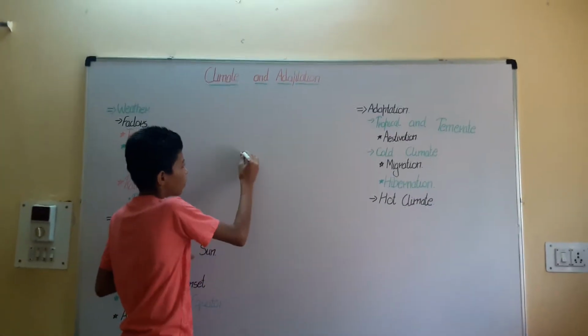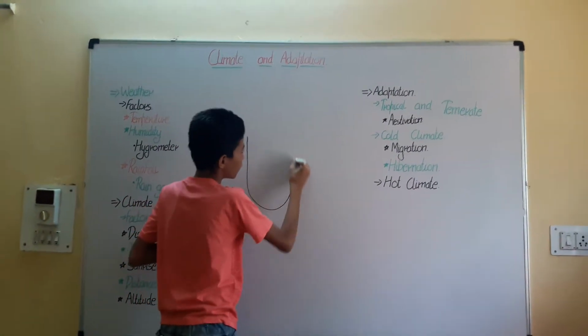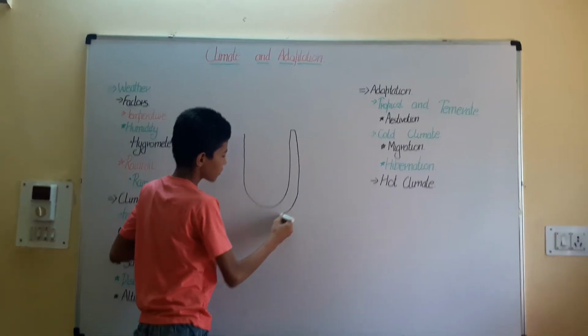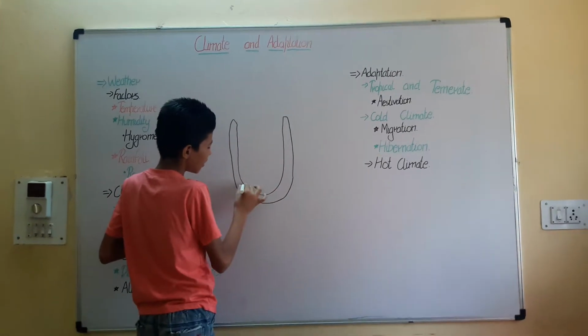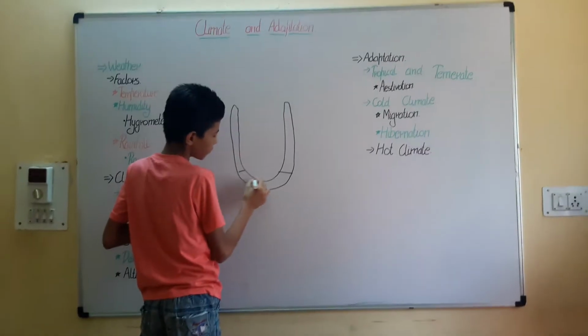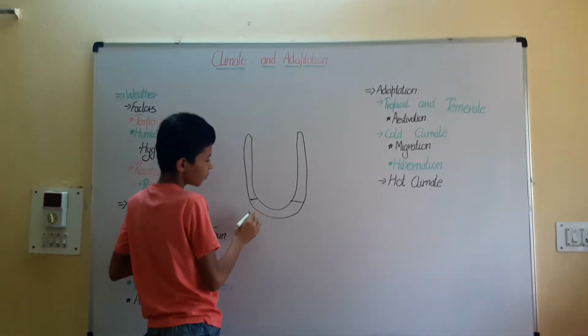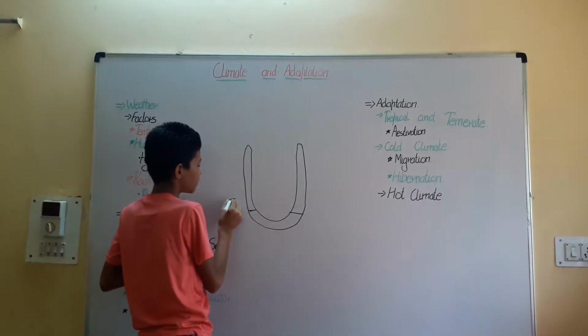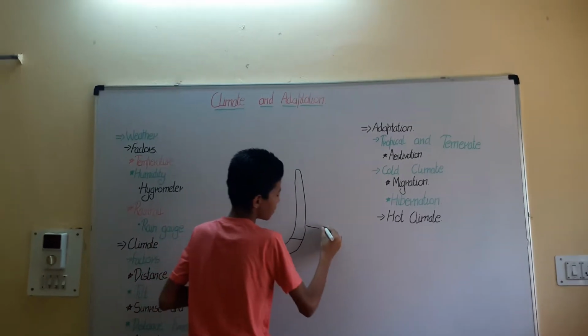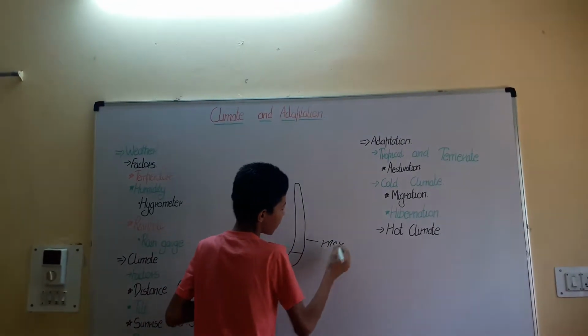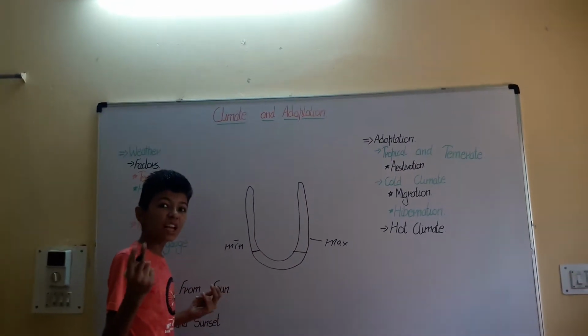It has a U-shaped tube with mercury in it. One side measures the minimum, the other the maximum. Both types of scales are present.